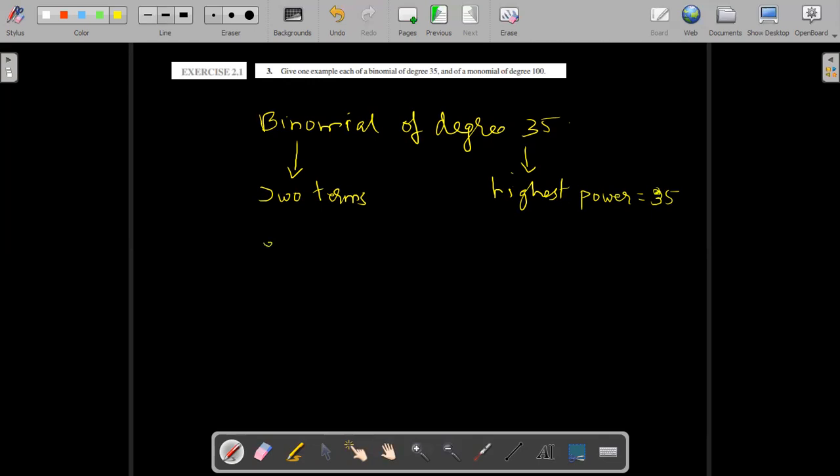How will we write it? We can give many examples, like dx is equal to 2x raised to power 35, and then we can write any constant term. This is a binomial of degree 35.